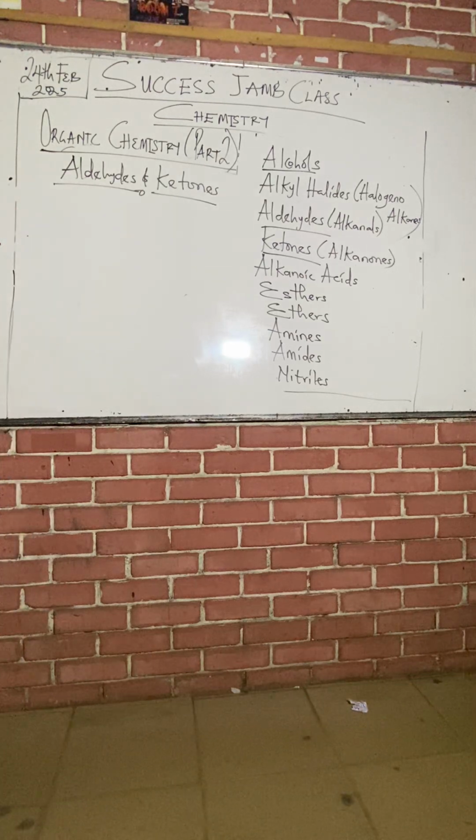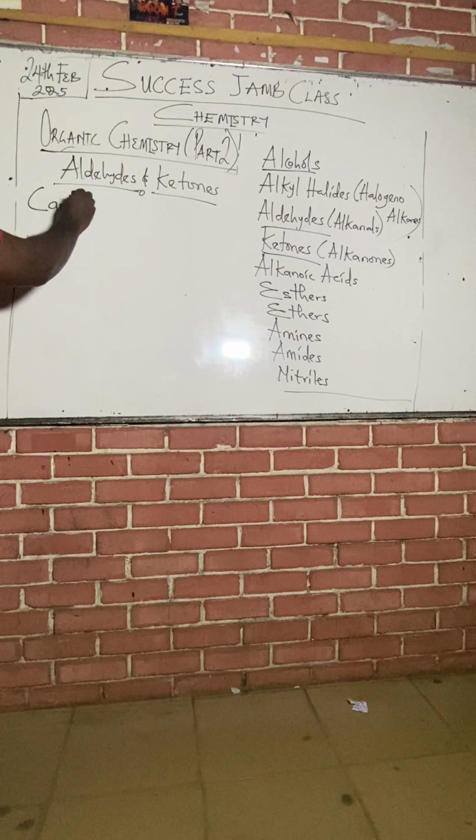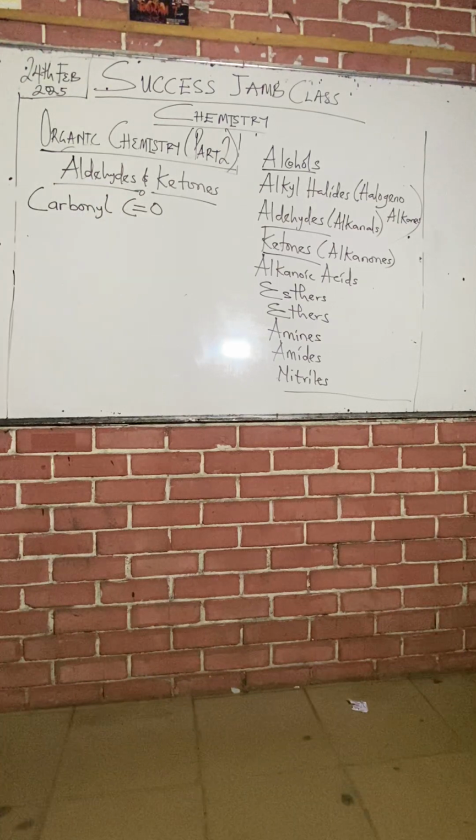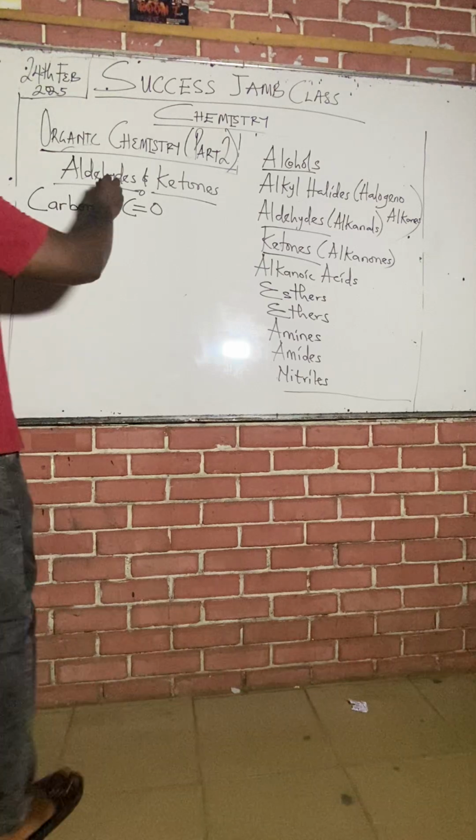Aldehydes and ketones contain similar functional groups but different what? Positions. They contain the carbonyl functional group, C double bond O. This is the carbonyl functional group, C double bond what?